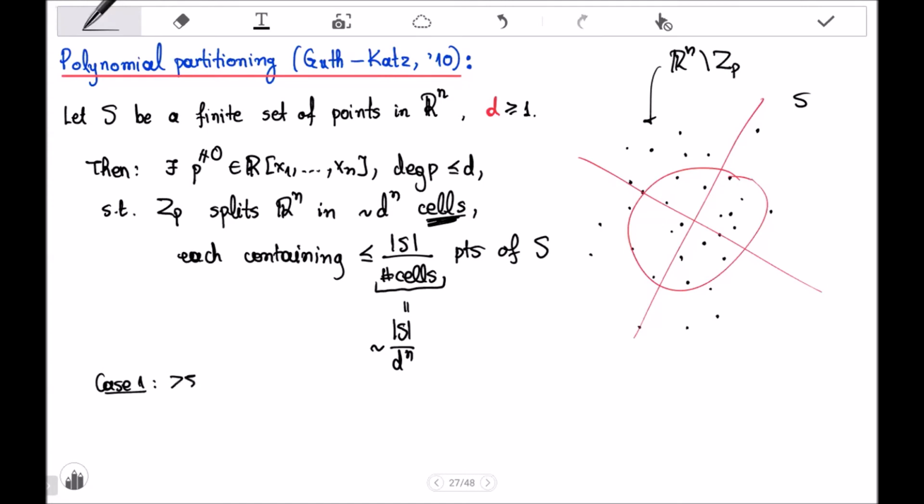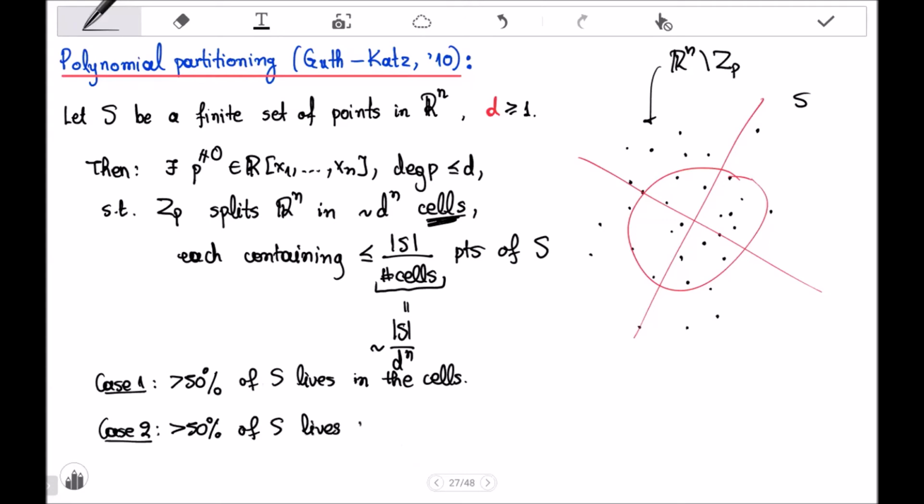So more than 50% of the points in S live in the cells, and they don't touch the zero set. And case two is the complementary case where more than 50% of the points actually live in the zero set.